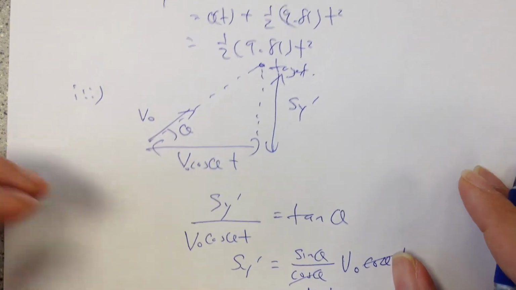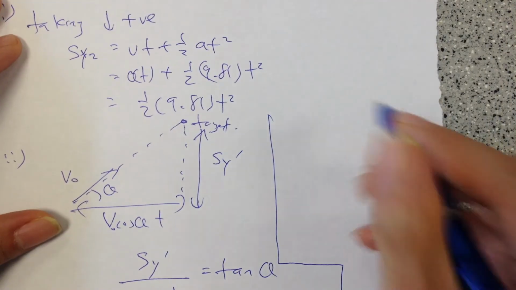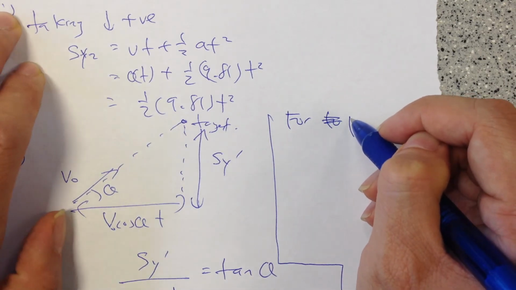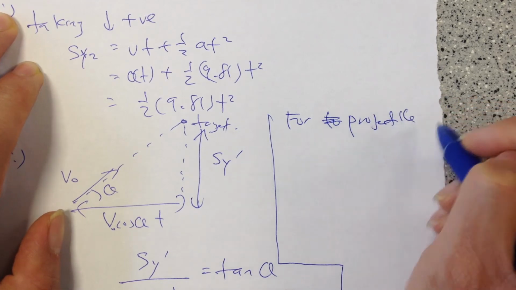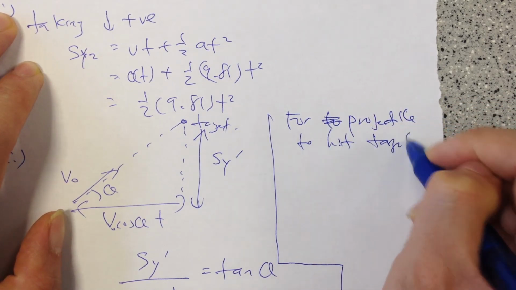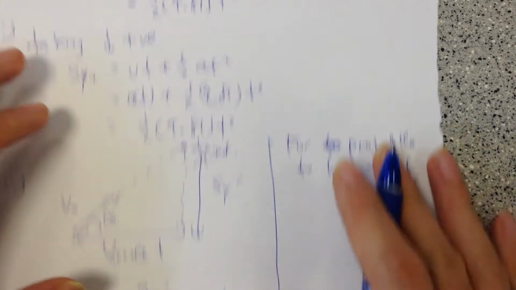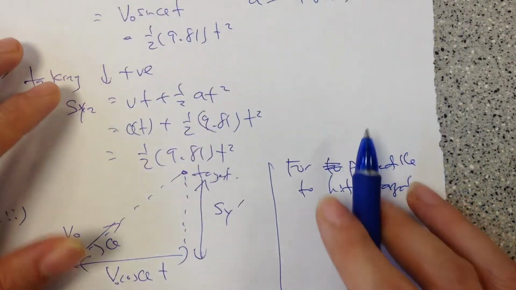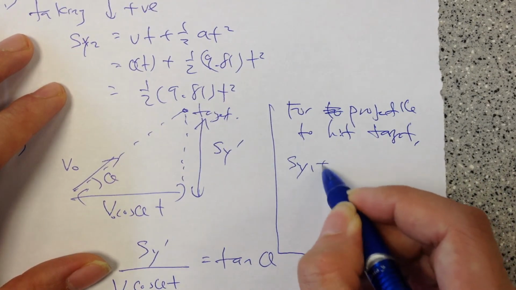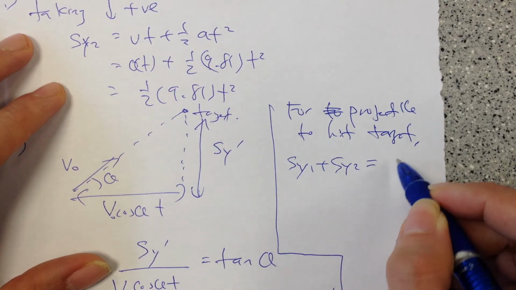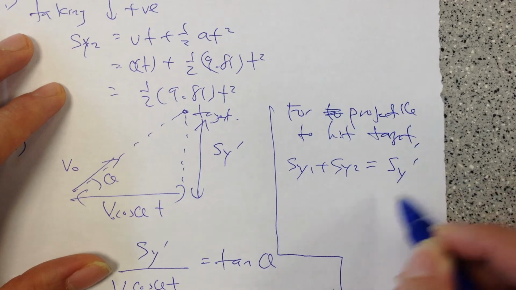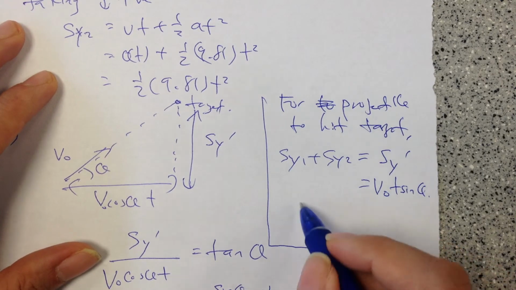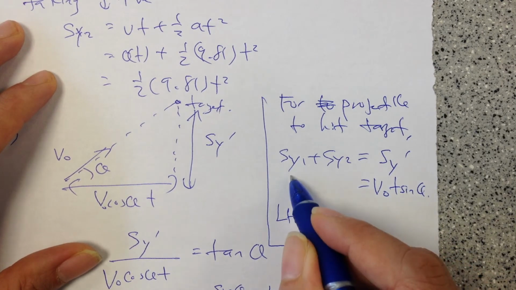So for the projectile to hit the target, I'll say that sy1 plus sy2 must be equal to sy prime. Let's look at the left hand side, which is sy1 plus sy2.